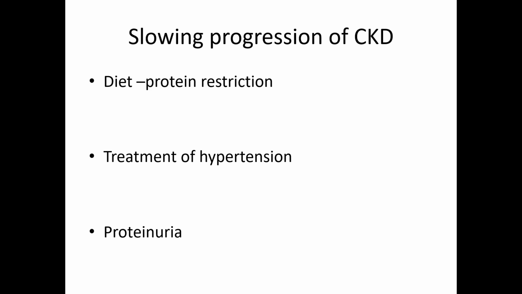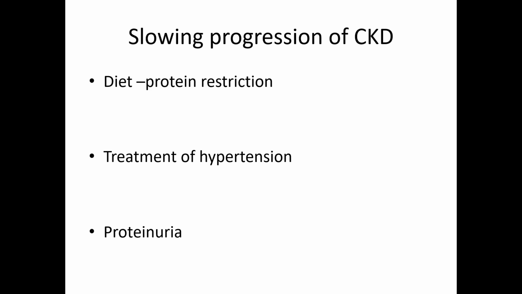Then treatment of hypertension. The blood pressure should be optimally controlled, and optimal control means the blood pressure should be less than 140/90. If the patient is diabetic, particularly, and the proteinuria is less than 1 gram, then the target for blood pressure control is 130/80.